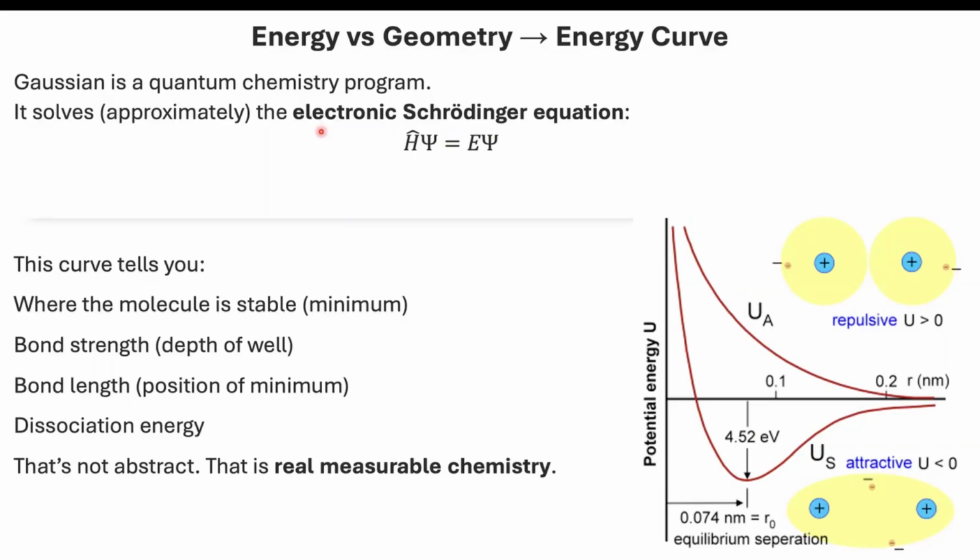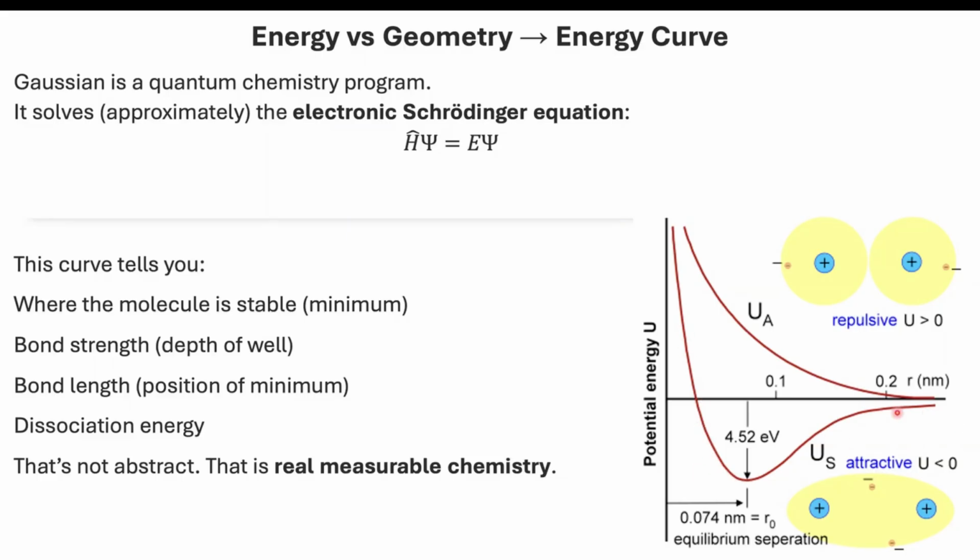Once we accept that nuclei are fixed during the electronic calculation, we can vary their positions and observe how energy changes. Imagine a simple molecule like H2. If you move the two hydrogen atoms far apart, they are very high in energy. Bring them closer, energy decreases. Bring them too close, energy increases again.